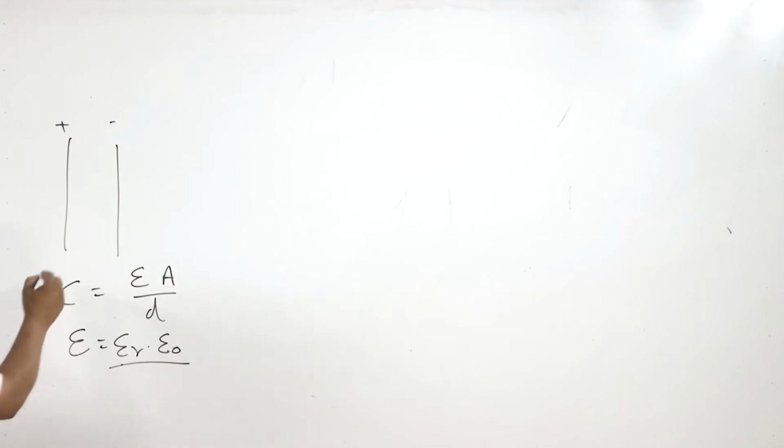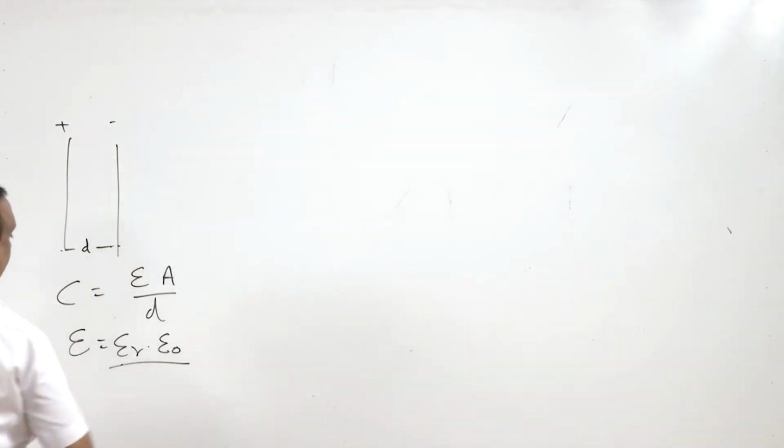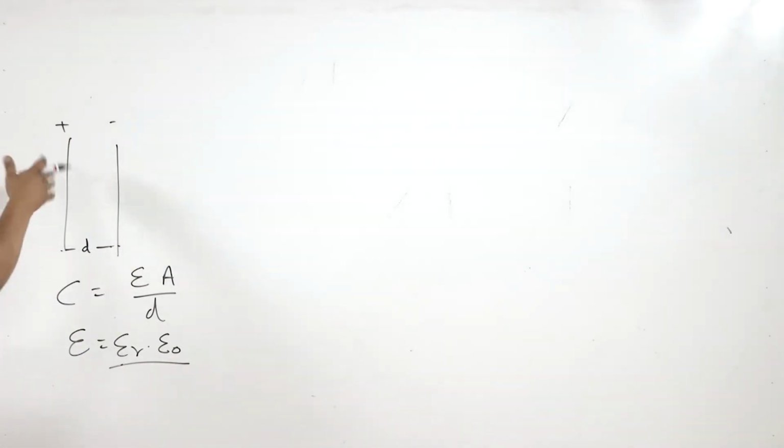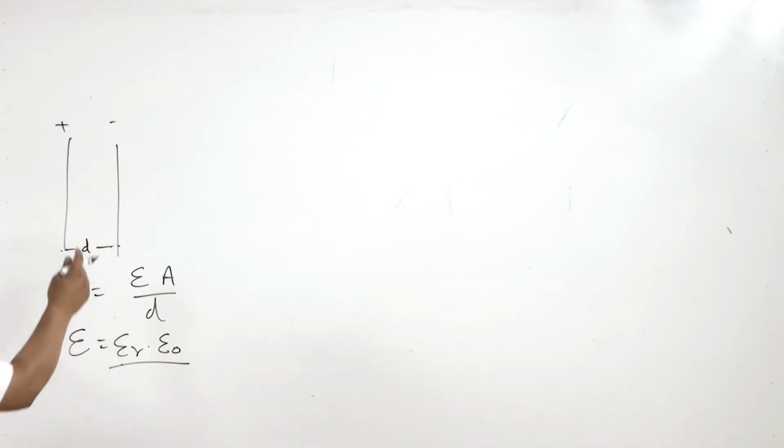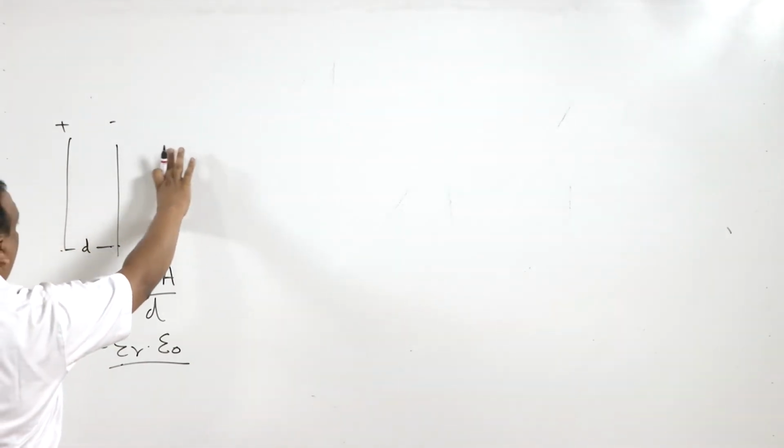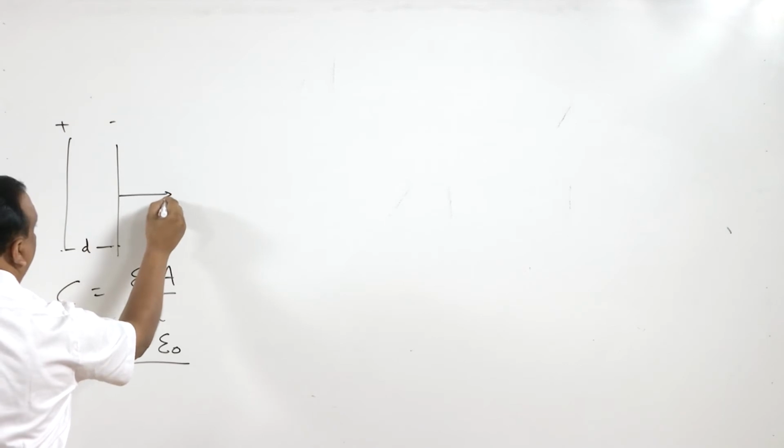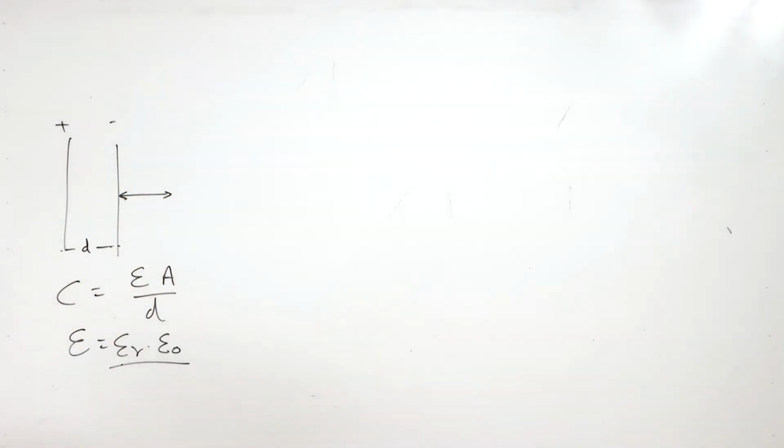D is the distance between these two plates, and A is the cross-section area. So the moment this plate is moved in either direction, there is going to be a change in C, right? And if you are able to measure the change in C, or relate this C with this movement, we can find the displacement.